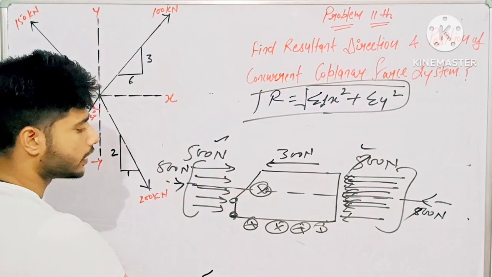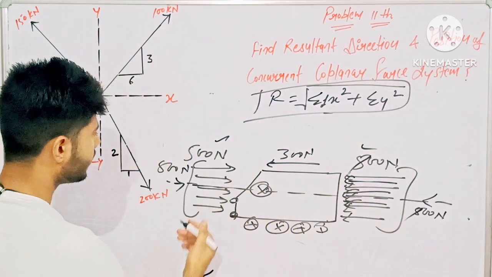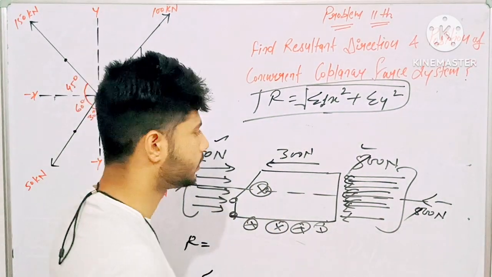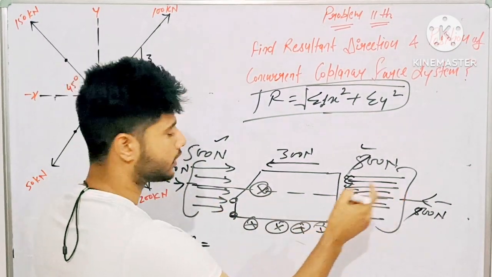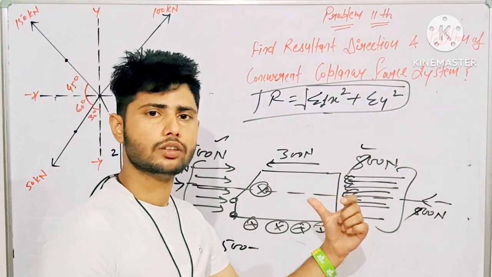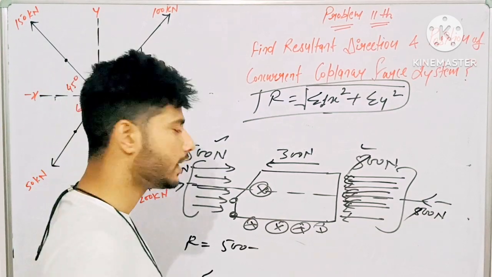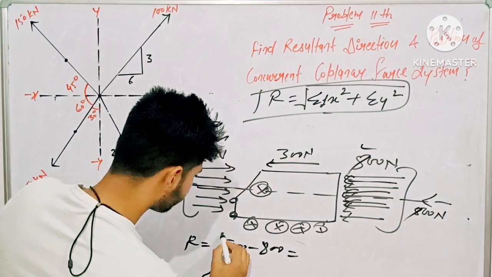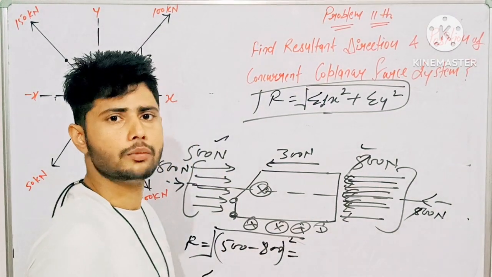How? According to the x-axis, using your resultant formula, R is equal to the root of the summation of F x squared. For the summation of F x, 500 Newton is going in the right side direction, so take 500 Newton plus, minus 800 Newton of force, which according to this axis is going in the leftward direction, so take it negative.